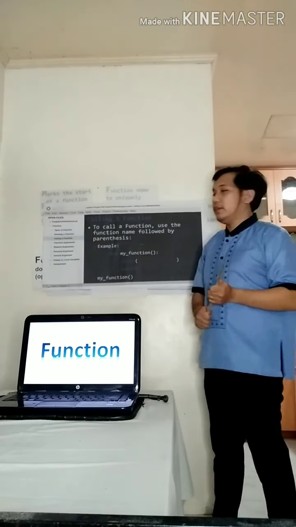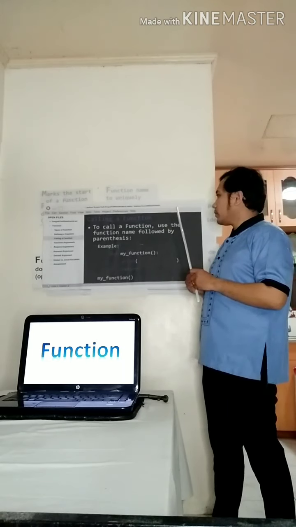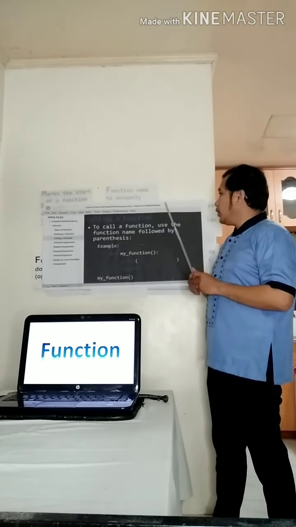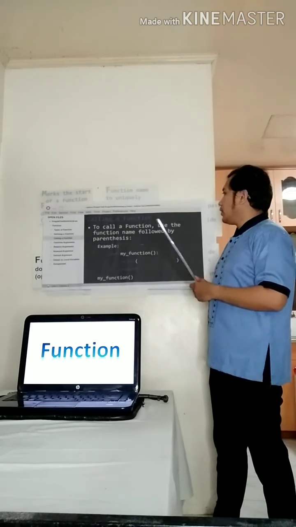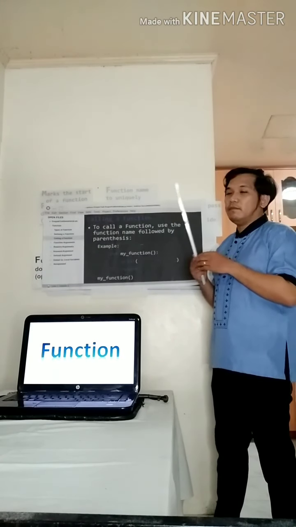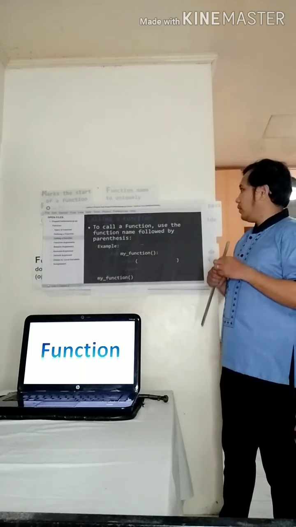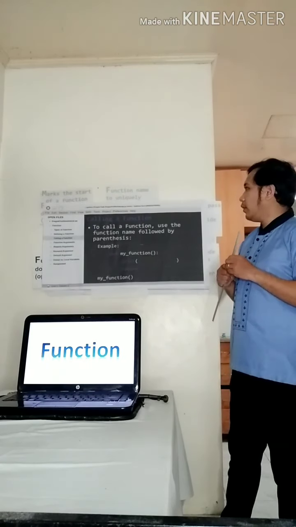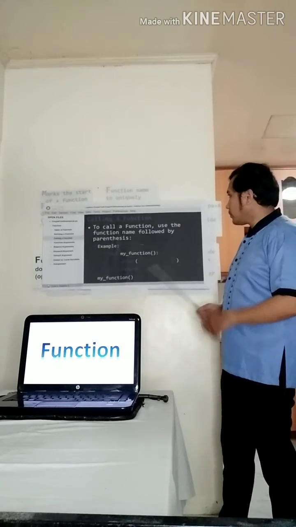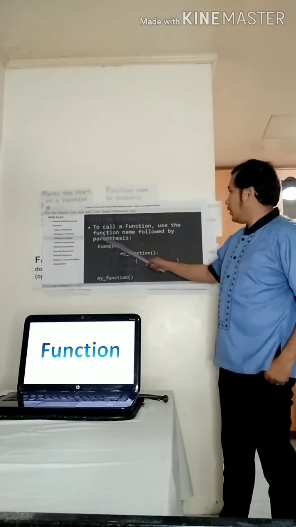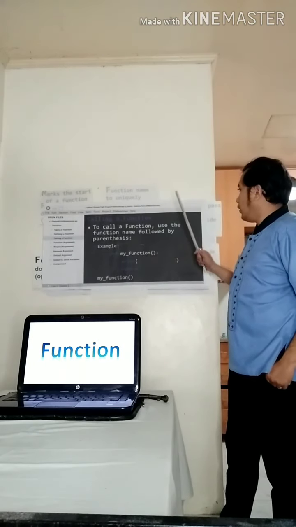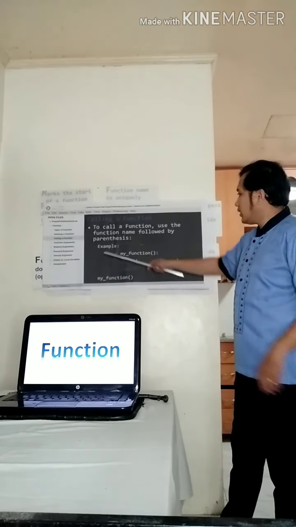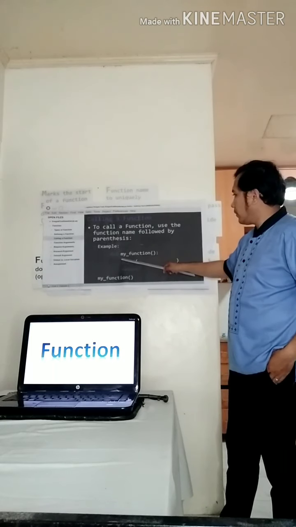Okay, moving forward. We have created our own function, and now we will call the function that we created. This is how we call or execute our function. To call a function, use the function name followed by the parentheses. So this is an example of a function.